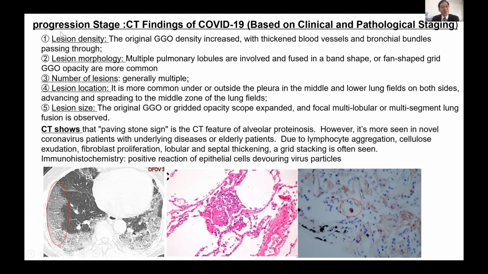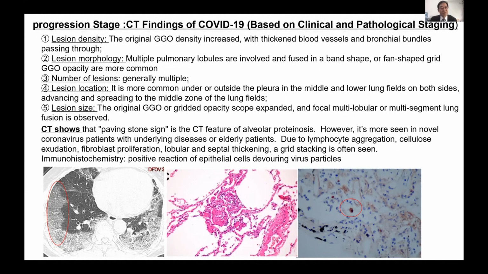The progression stage, CT finding of COVID-19. Lesion density: regional GGO density increased with second blood vessels and bronchial bands. Lesion morphology: multiple pulmonary lobules are involved, fused in band shape, or grade GGO opacity is more common.